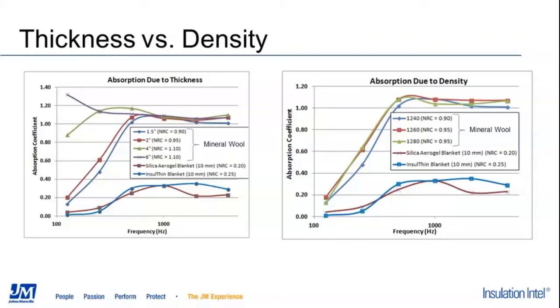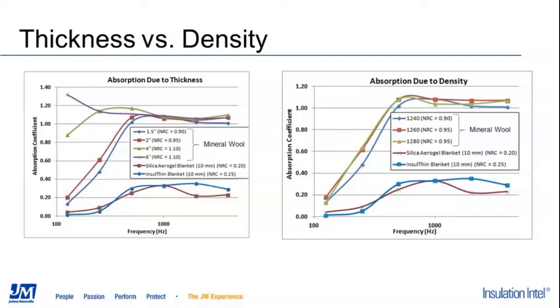There you're looking at silica aerogel blanket, 10 millimeter thick, or the Insul-Thin microporous thin blanket, both of which have fairly similar absorption coefficients, but much lower than that of the open cell mineral wool.